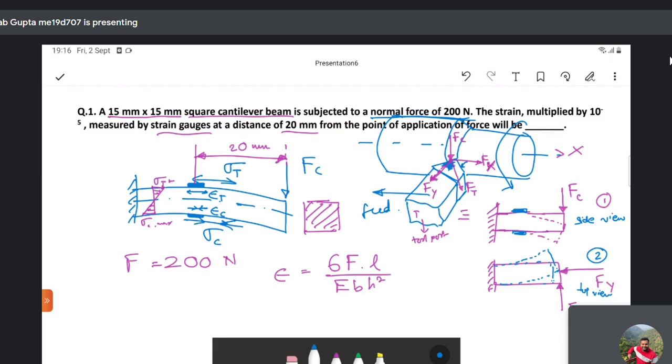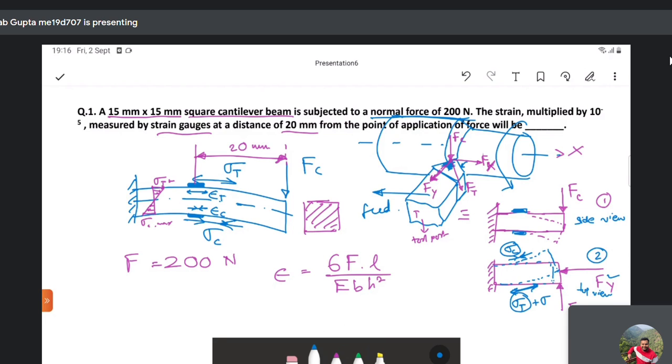So here also we will see that this particular region is experiencing tensile stress due to this bending action of Fx, and this section is experiencing a compressive stress, but this is being superimposed with the compressive load due to Fy.